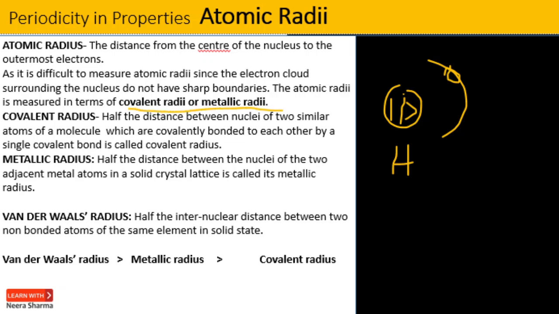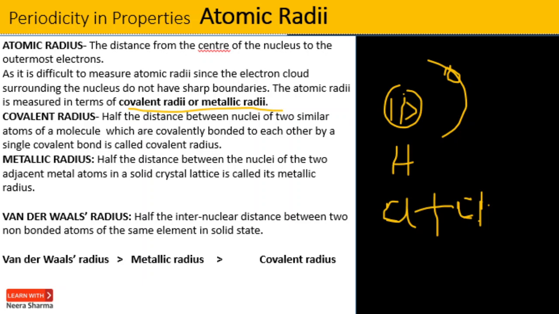If we have a molecule formed with a covalent bond, then half the distance between nuclei of the two similar atoms is called the covalent radius. So if we have a chlorine molecule, it is half the distance between one chlorine atom and another chlorine atom bonded by a covalent bond.